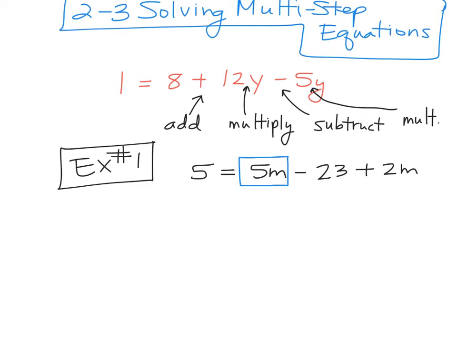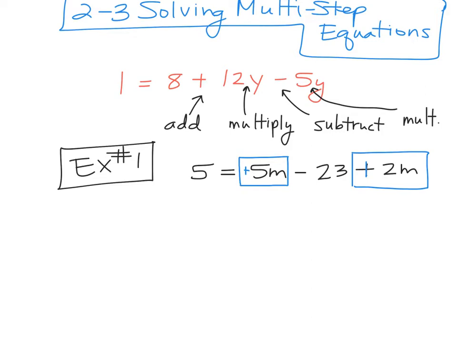That is wrong. You always take the sign that's in front of the number. So this is a positive 5m plus 2m. So what's that going to become? 7m. So we have 7m minus 23.